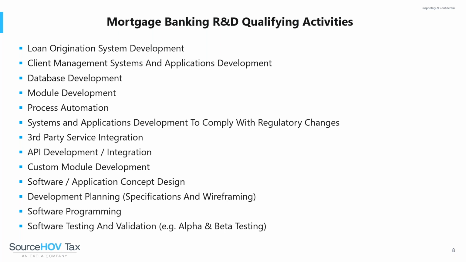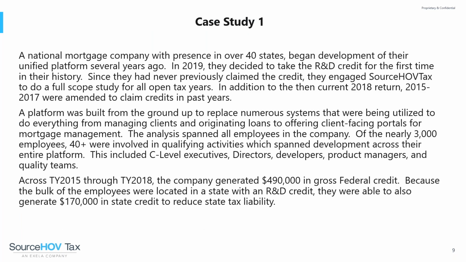In addition to that, what we've seen in the current landscape is that there's a lot of third-party services out there that bring functionality and technology that sometimes companies want to leverage within their systems, and even that type of API integration and third-party integration would actually qualify insofar as development costs.